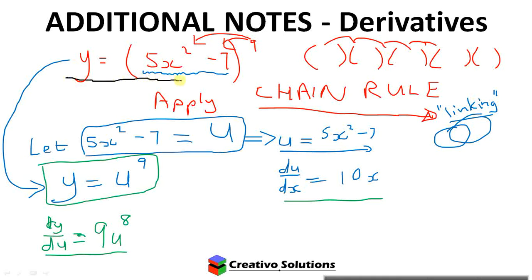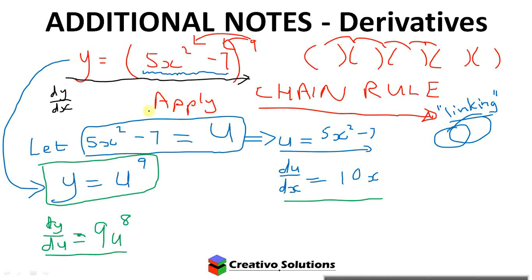So if I go back to this, had I multiplied these 9 brackets out, I would have gotten y and I would have gotten x. Do you agree? If I wanted to derive this function, the derivative would be denoted by dy over dx. dy over dx denotes the derivative for that big function.